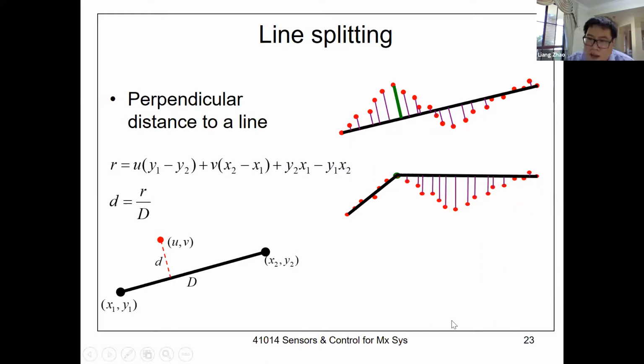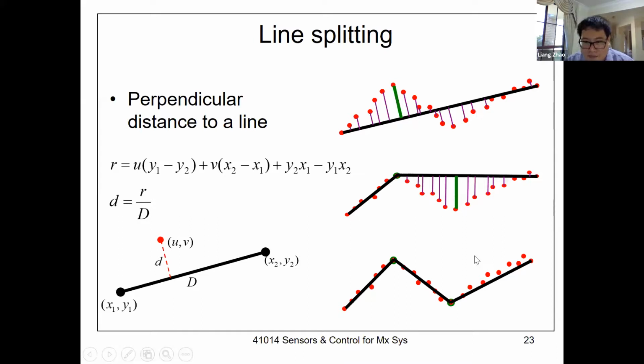You calculate those distances again and find the point with the largest distance, and then you split the points at that point. Then you fit two lines, and you can see the three lines you fitted are more or less the correct ones.